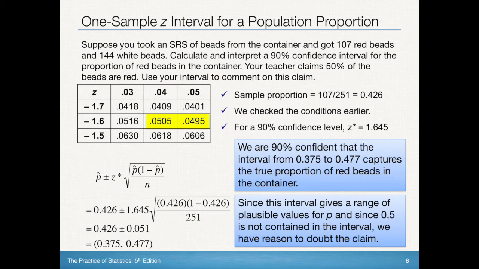This 0.5 does not fall within the interval, and because of that, we have reason to doubt it. So this is the cool part of a confidence interval, is we can start to interpret the meaning of statements once we have this interval in place. Because if the teacher said that it was 0.4, that would fall within the interval, and now we would have reason to believe that, yeah, that's probably right based upon our confidence interval.